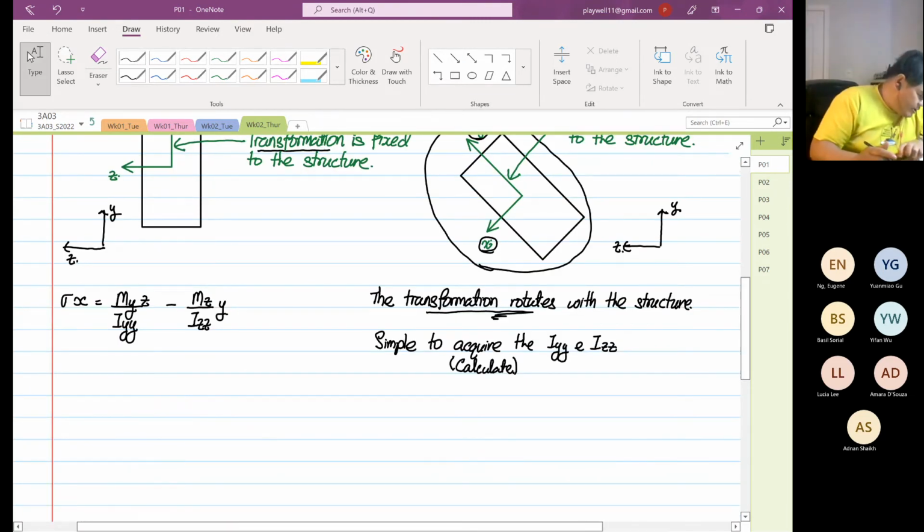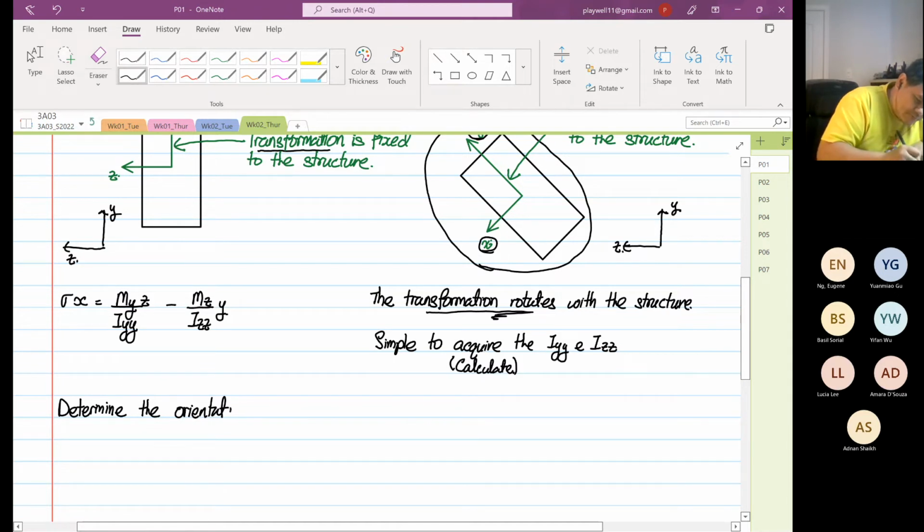So we're going to locate or determine the orientation of the neutral axis on the YZ plane.